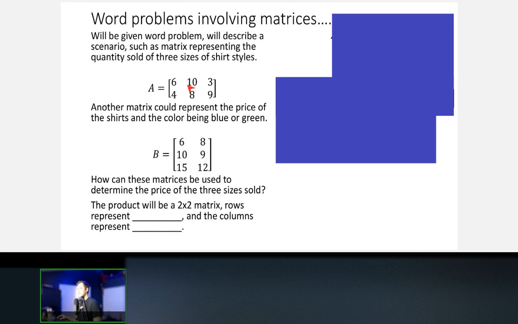All right, so these numbers represent the quantity sold of 3 shirt styles. Now we have rows and columns, right? So looking at this matrix and what it says here, what do the columns represent in this problem?